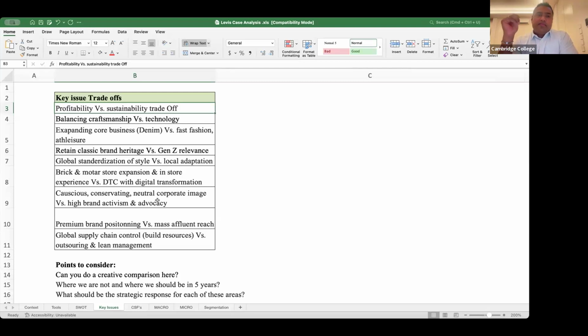And then you have other online retailers that are also selling multiple brands, including Levi's. That's taking away business from you. And they're getting popular today with apps and websites and other technologies. And then you have to also make a choice whether you want to be conservative, to have a neutral corporate image, conscious, cautious, versus do you embrace brand activism and advocacy?